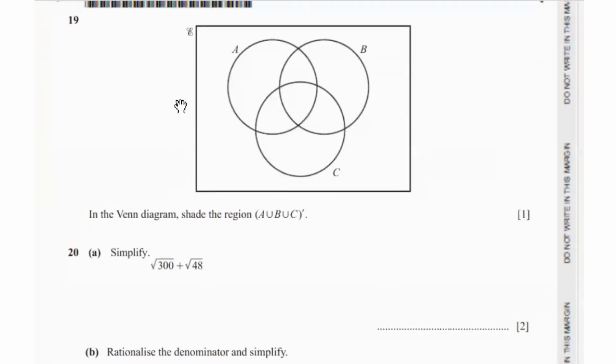Question 19 says in the Venn diagram, shade the region A union B union C complement. So when you see the U sign, that means union. And when it is upside down, that is intersection. So A union B union C is all of this.